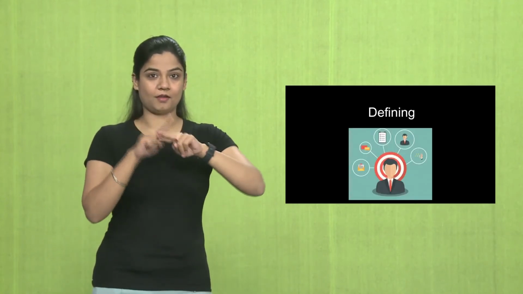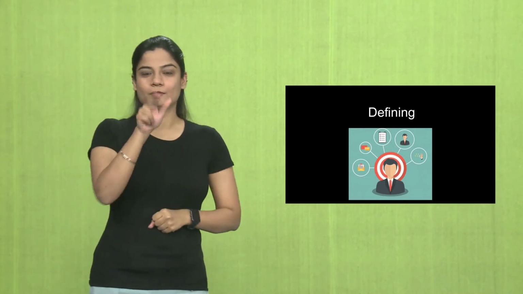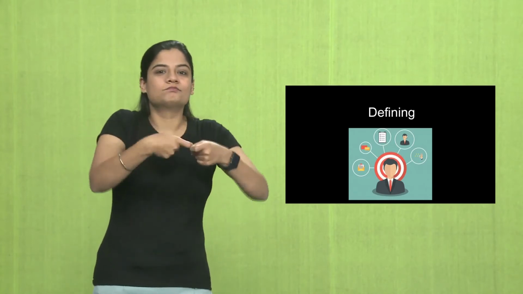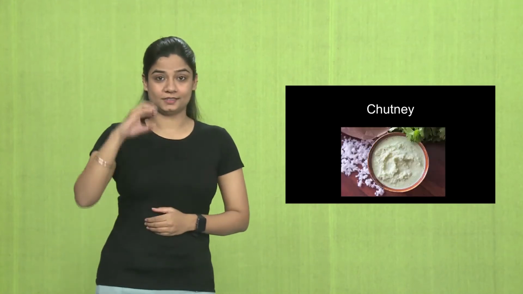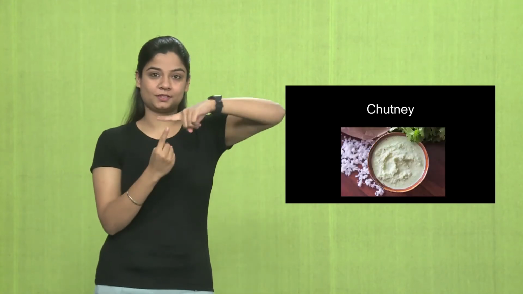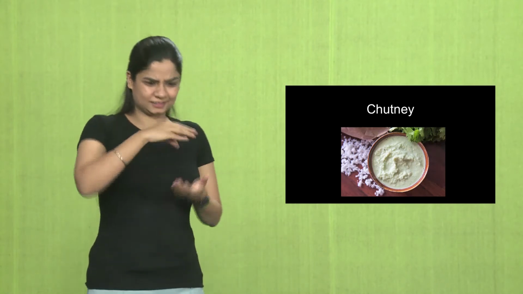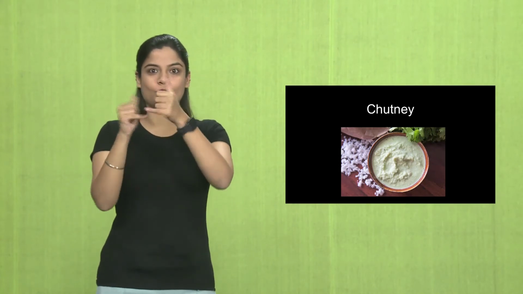Defining, to describe exactly the nature, scope and meaning of something. Chutney, something which is made of an Indian origin, made out of fruits and vegetables. You might have seen chutney with dosa, etc.